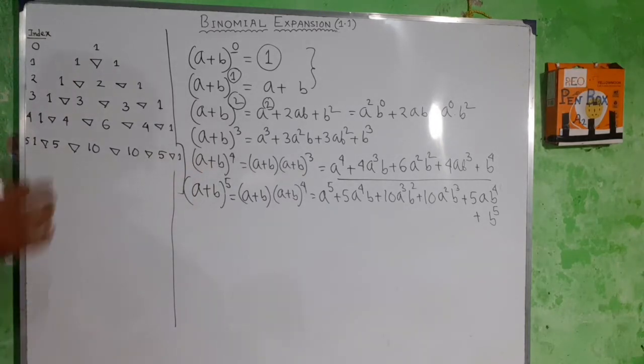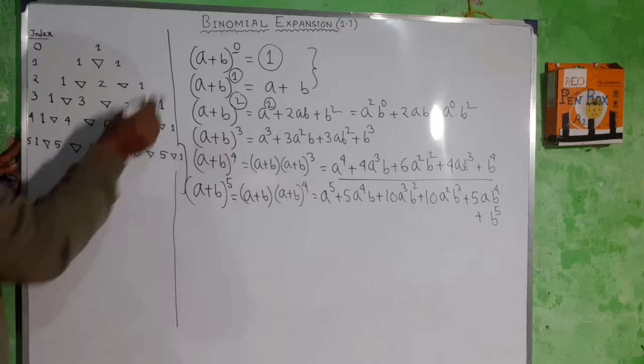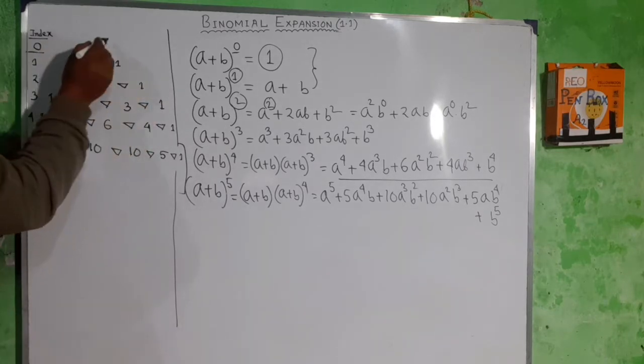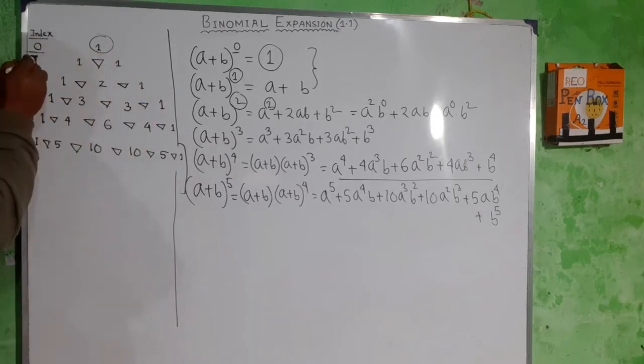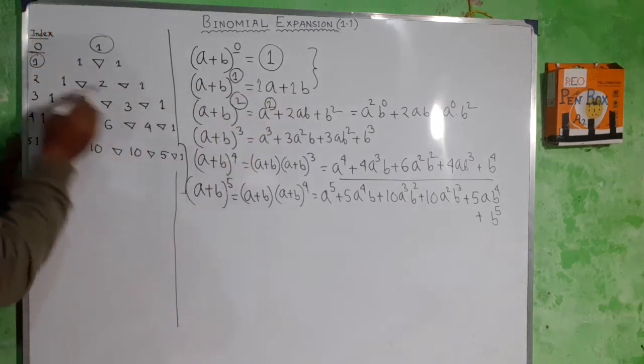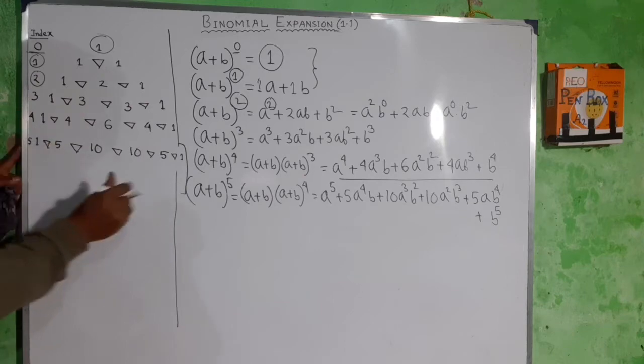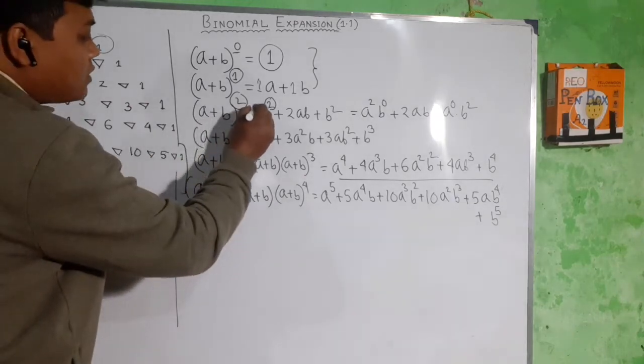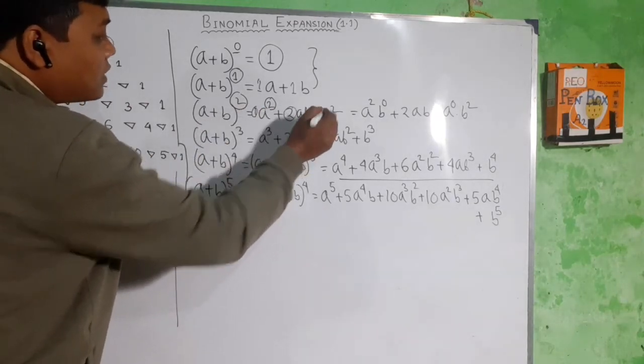But you see the coefficients here. When the index is 0, the coefficient is 1. When the index is 1, the coefficients are 1 and 1. When the index is 2, the coefficients are 1, 2 and 1.